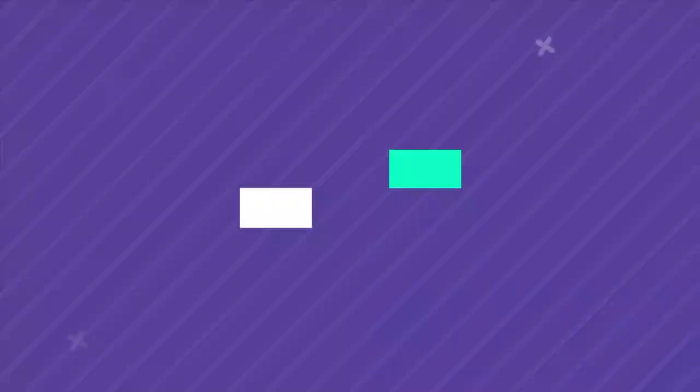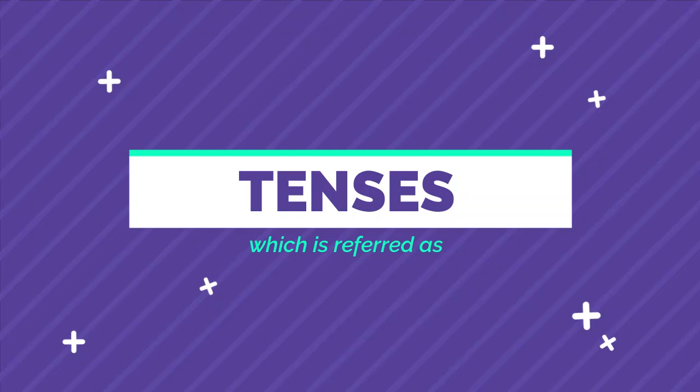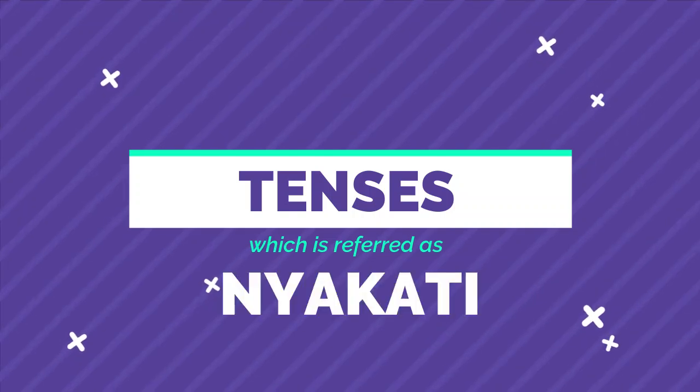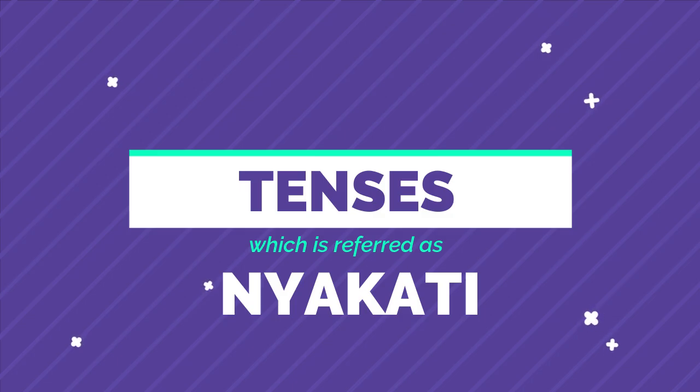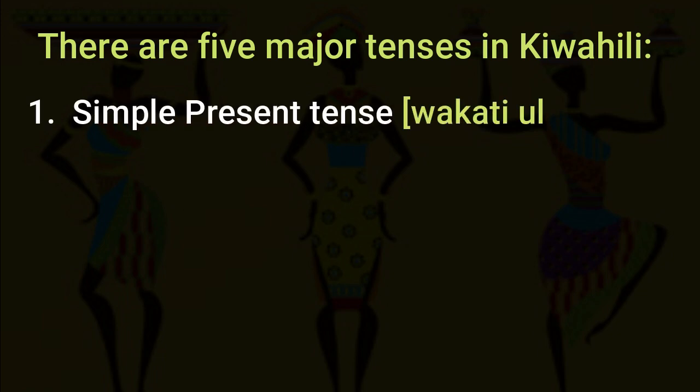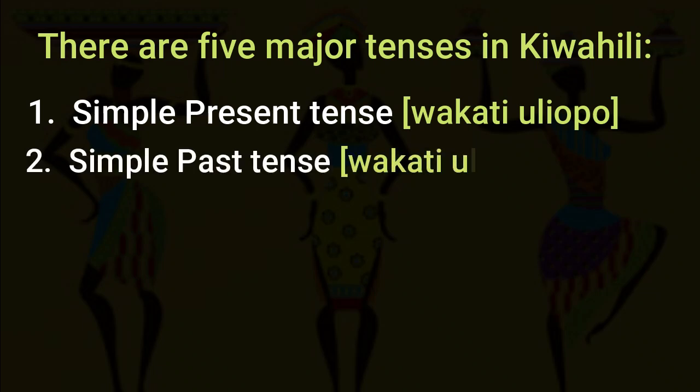So, as I've said, our topic for today is tenses, which is referred to as nyakati in Kiswahili. There are 5 major tenses in Kiswahili. Simple present tense, wakati uliopo. Simple past tense, wakati uliopita.